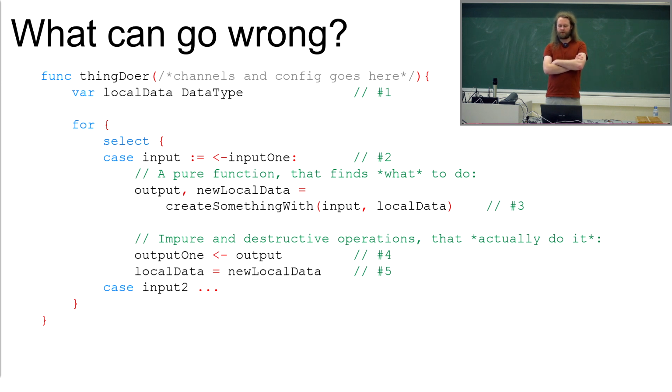Number 3, we are finding out what to do, but we're not actually doing anything. We're just generating what our next state should be, and what our output should be. So this is a pure function. It doesn't read the outside world, and it doesn't modify the outside world. And then in number 4 and 5, we are actually modifying the outside world. So we're sending a message to another task, or we are writing to an output in the world, and we are overriding our state with a new state.